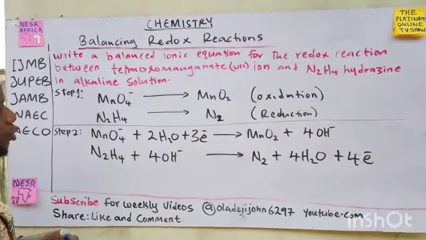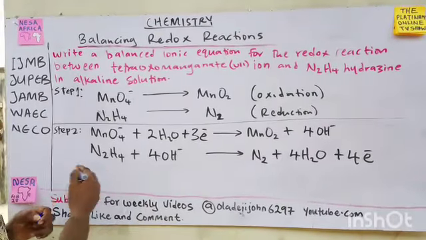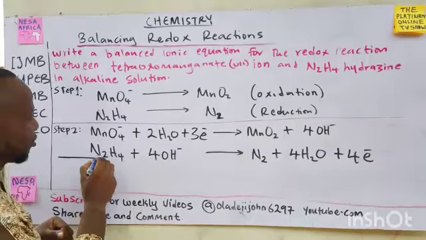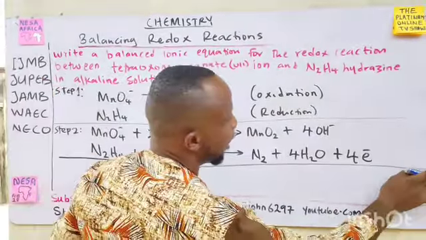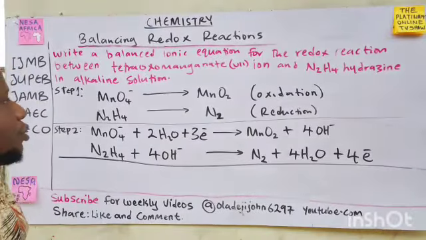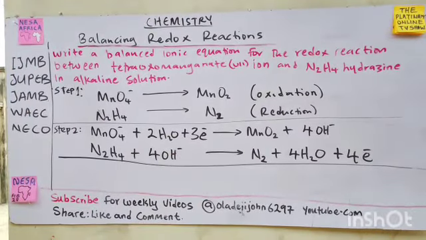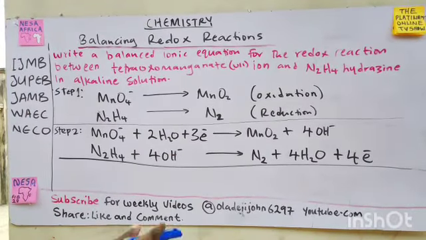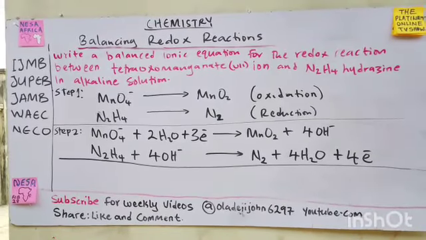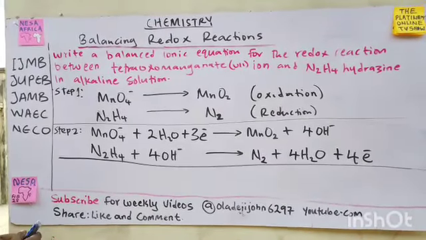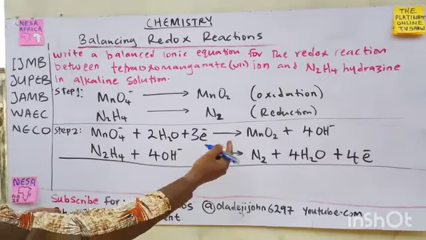Now considering the overall, just like the principle, we write everything on the left hand side and equate to everything on the right hand side. Then we'll balance up again. Let's now see what we have here.